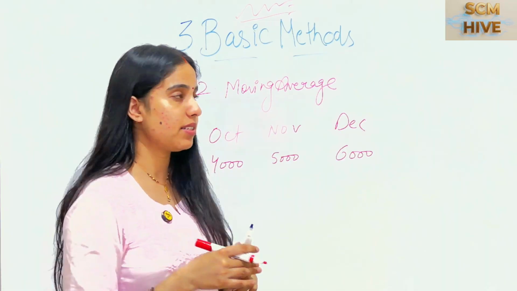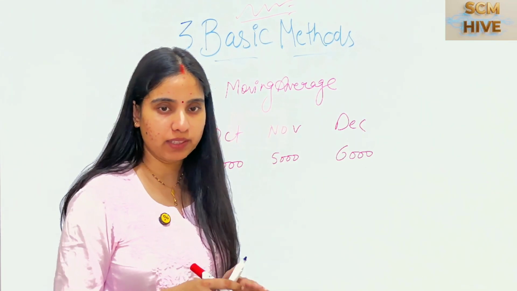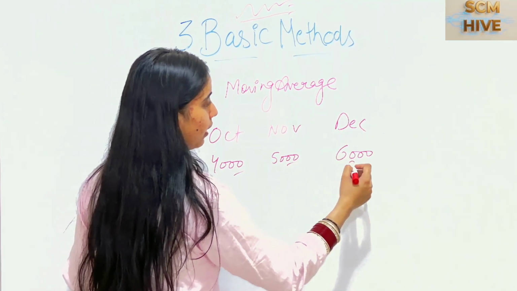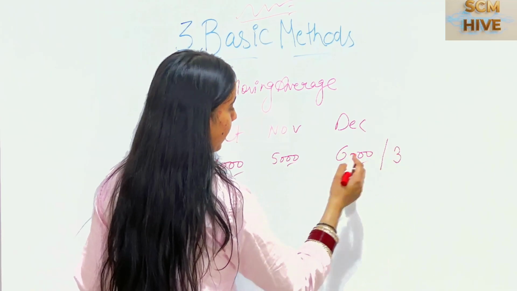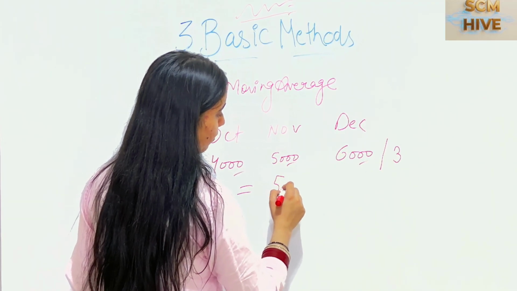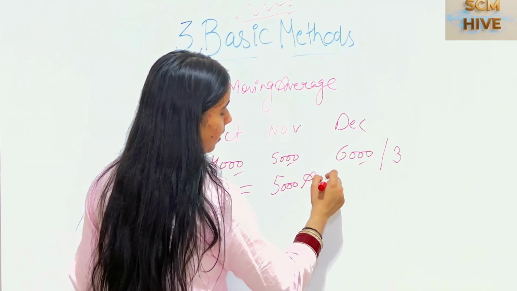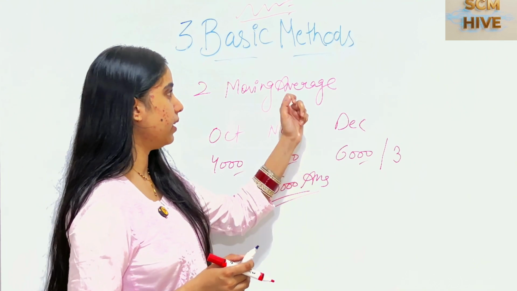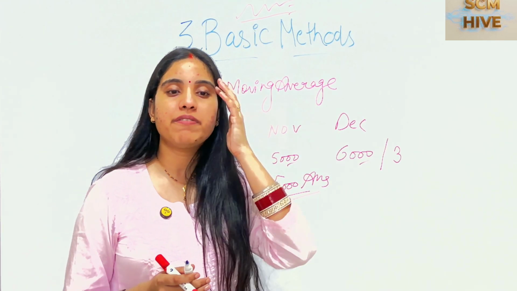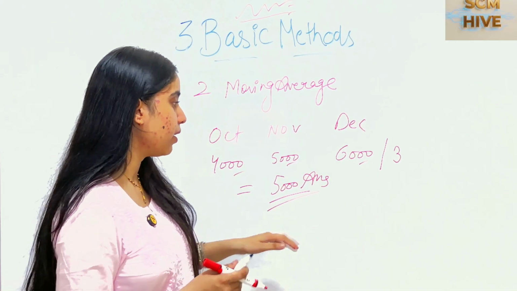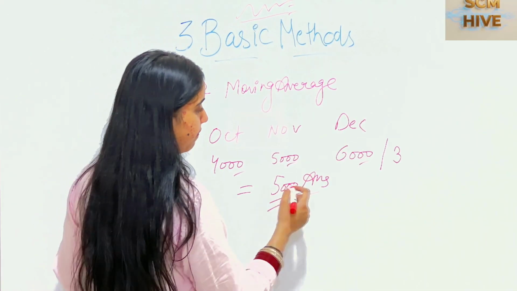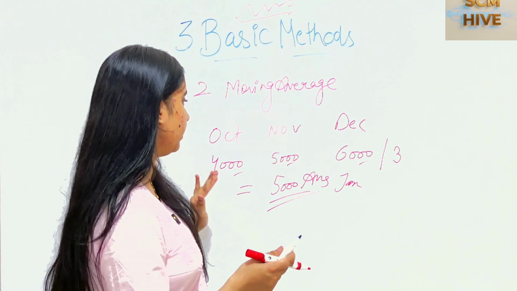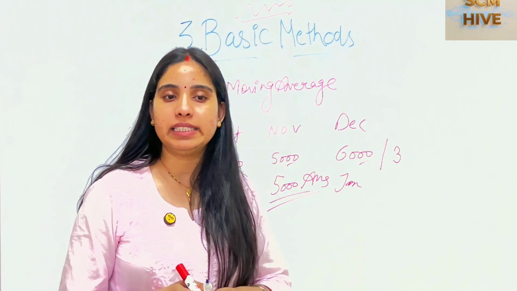Now, as it is a moving average method, we take the average of 4,000, 5,000, 6,000 divided by 3. The average comes to 5,000. 5,000 is our moving average, and our forecast number as per the moving average method. So our factory forecast is 5,000 bottles for January production, based upon the last 3 months of data.